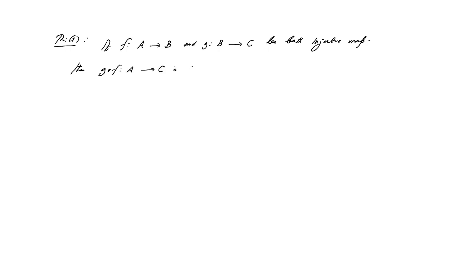Theorem 1: if F is a map from A to B and G is a map from B to C, and both are injective mappings, then the composition map G composed F from A to C is injective.